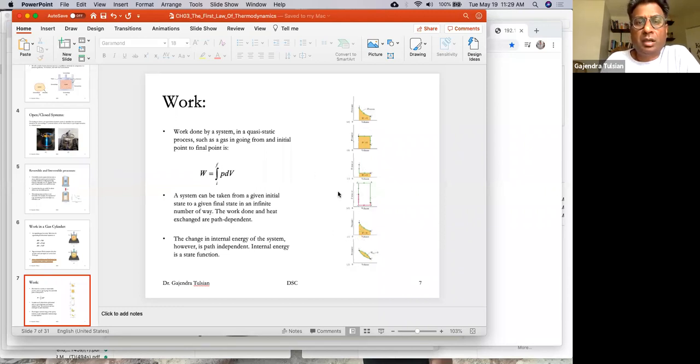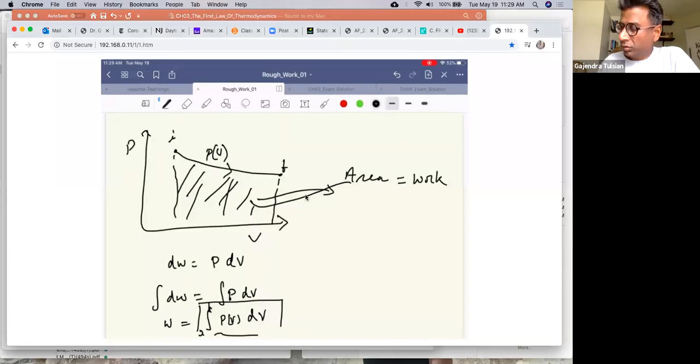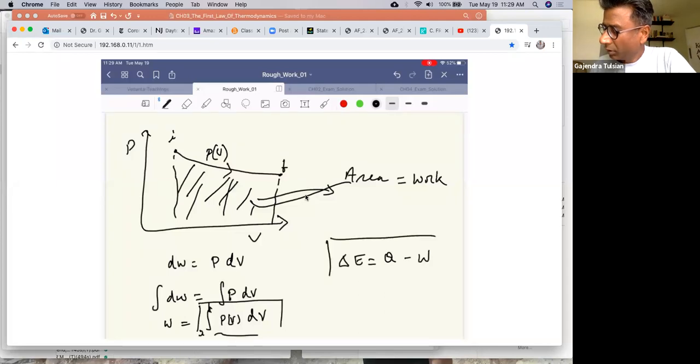And it turns out that, so here's your first law of thermodynamics. We just saw that this is path dependent.